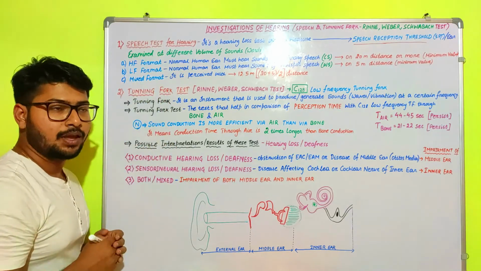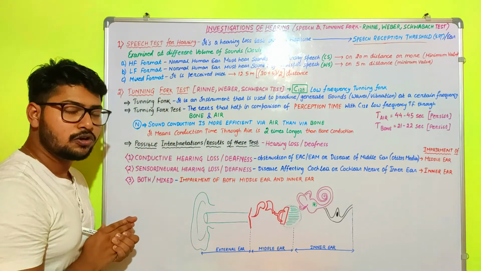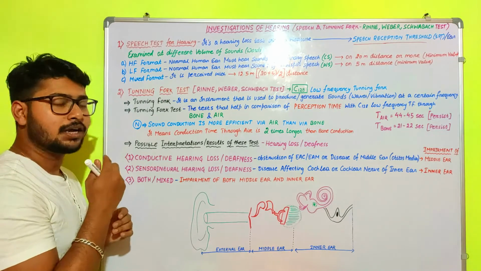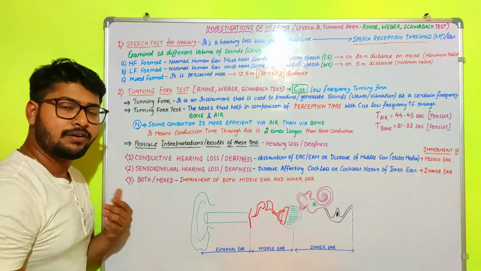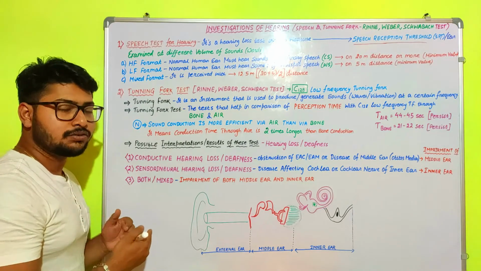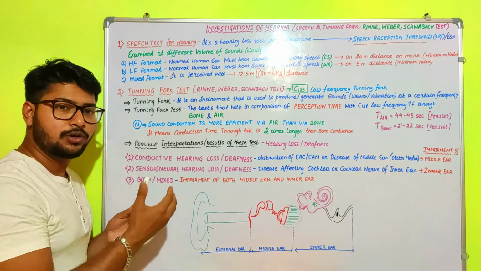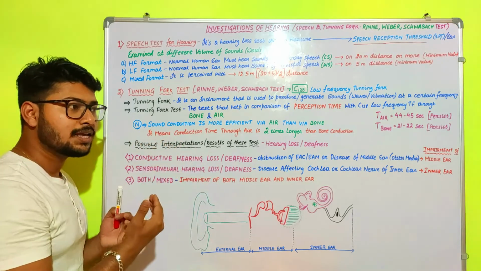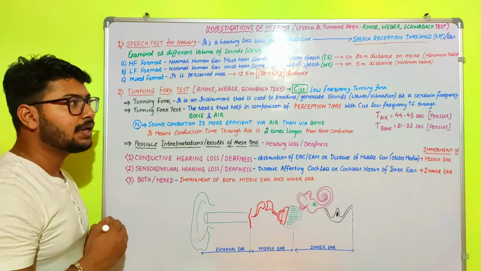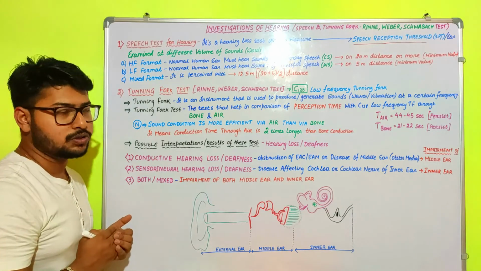In this method, the audiologist provides different daily activity words to the patient at different volumes, and the patient hears the sound and recognizes what words are being spoken by the audiologist.